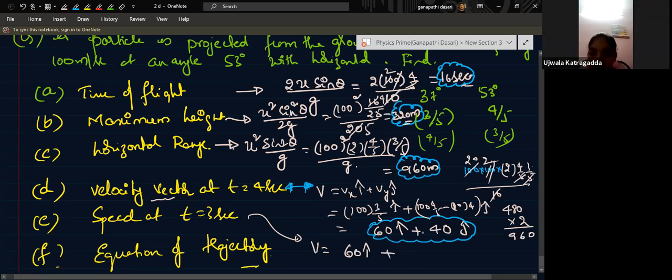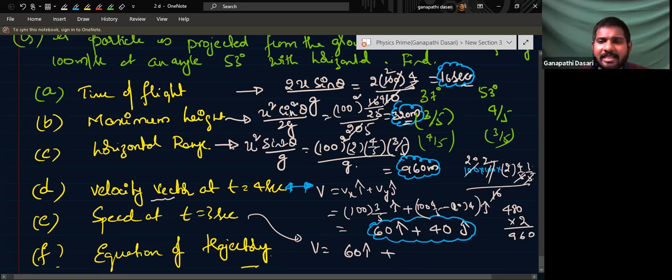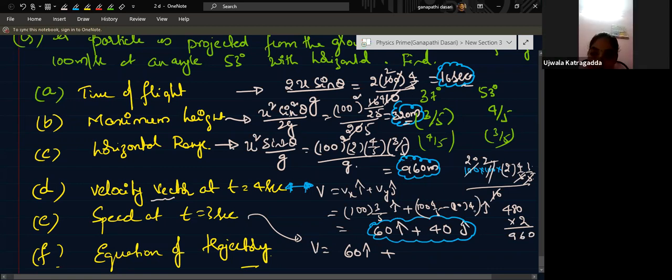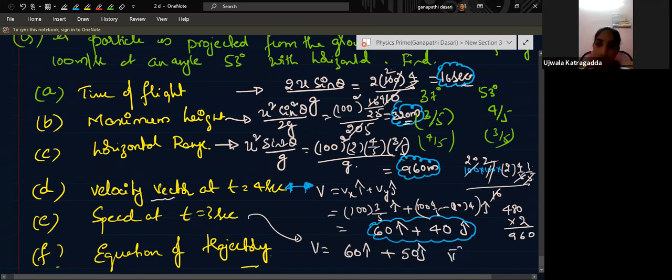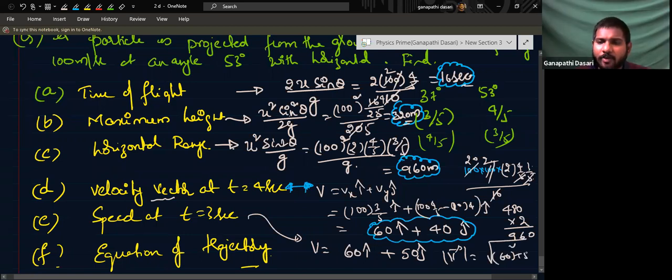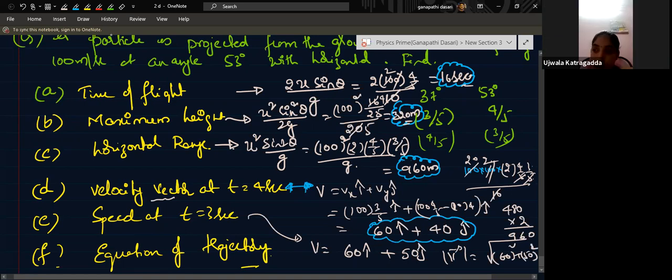Then 100 into 4 by 5 minus 10 into 3, 30, that is 80 minus 30, 50 j cap. So the speed is root over 60 square plus 50 square. That is the answer.